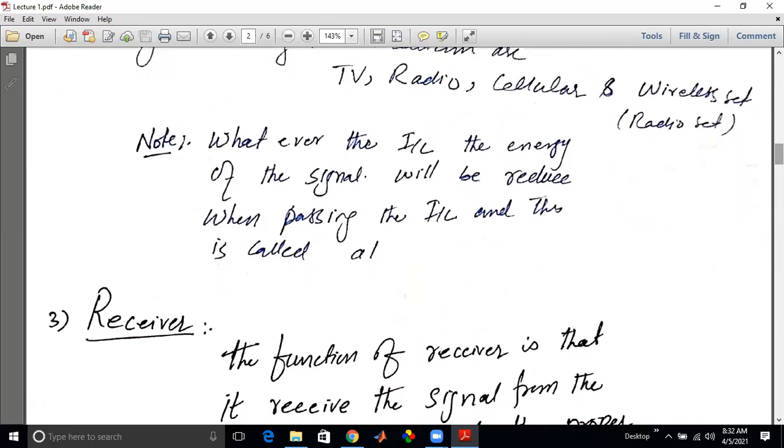But in the case of optical fiber, this attenuation is very low. So we say that the optical fiber is the best transmission medium between the transmitter and the receiver.